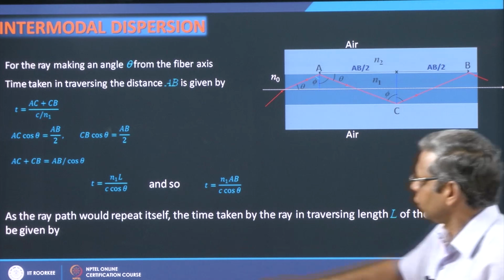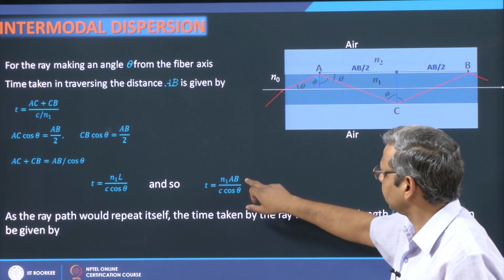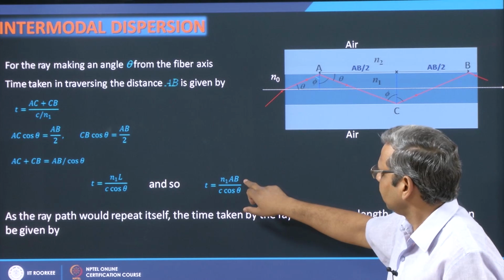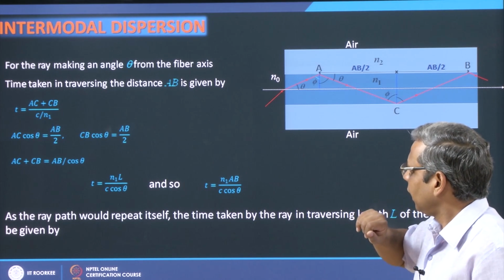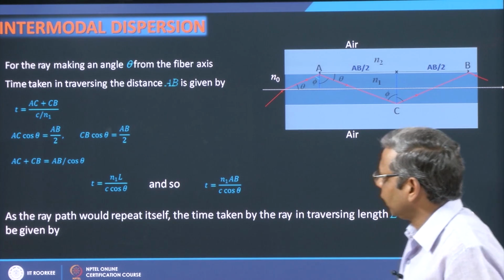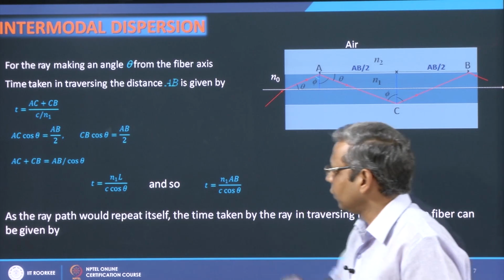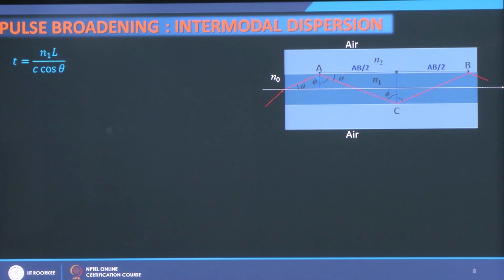Since time taken for traversing AB length of the fiber is N1 AB over c cos theta, so the time taken in traversing L length of the fiber would be N1 L over c cos theta. So this is what I have.